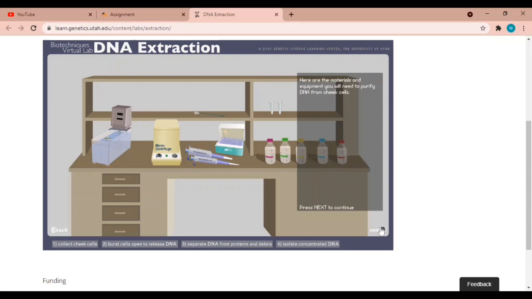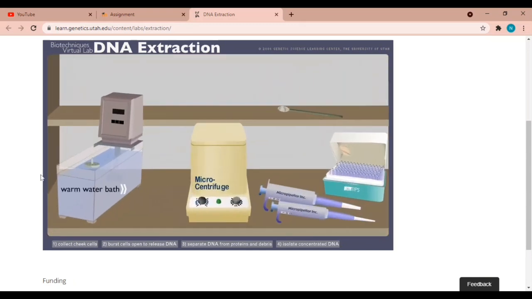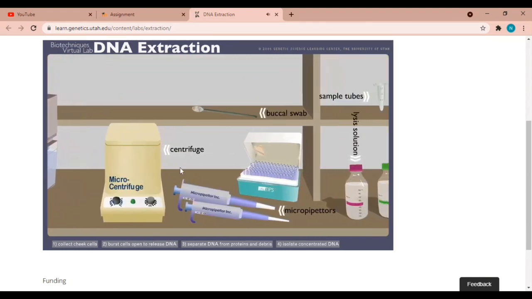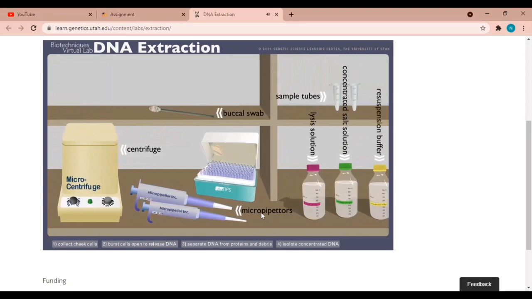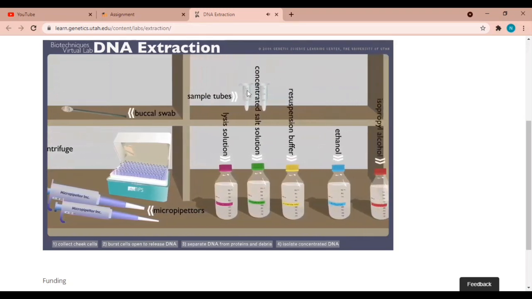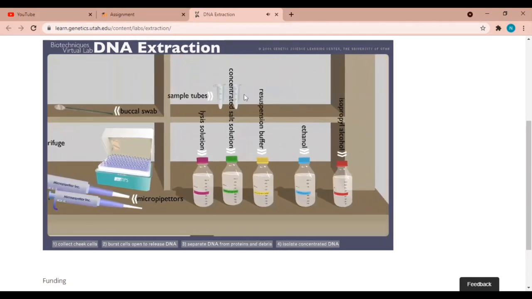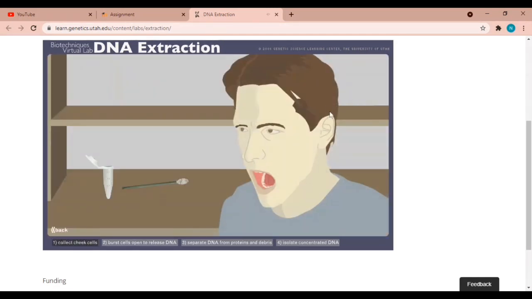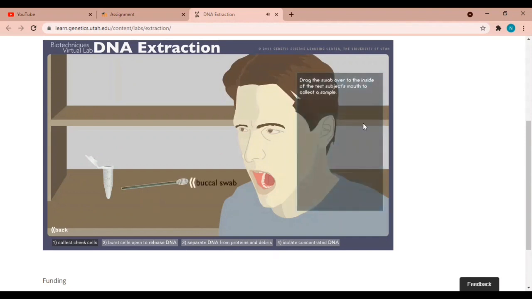These are the materials and equipment needed to purify DNA from cheek cells: warm water bath, microcentrifuge, buccal swab, micropipettes, lysis solution, sample tubes, concentrated salt solution, and others. First, drag the swab over the inside of the test subject's mouth to collect a sample.